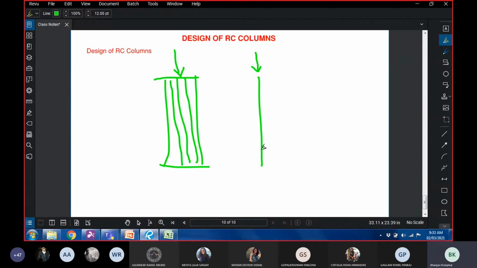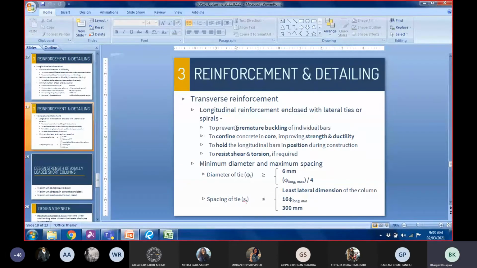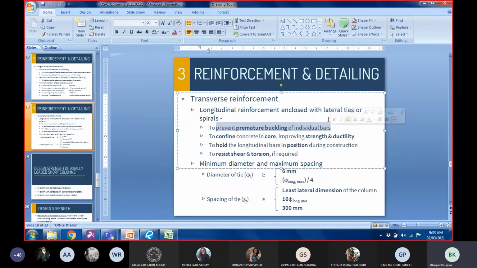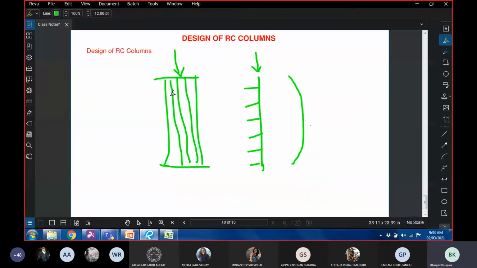Though there's concrete in and around it, there's a high possibility that this bar might buckle if it is not restrained, meaning that if there are no lateral ties, the bar might buckle. Therefore, to prevent such a premature buckling of individual bars, we need lateral ties or spirals.